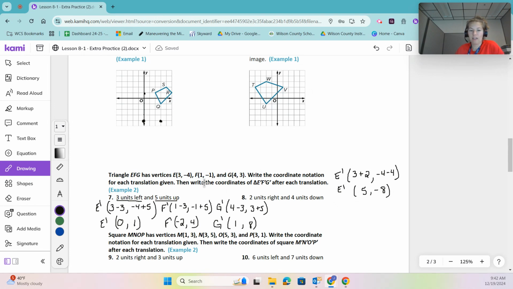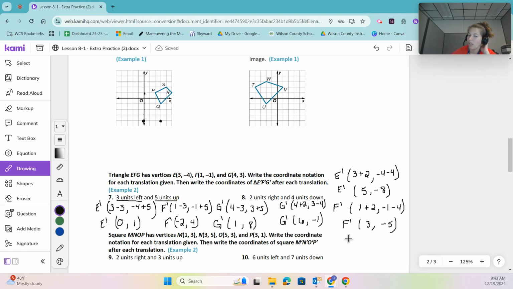Then F prime is 1 plus 2, because we're going 2 units to the right, and -1 minus 4, because we're going down. So F prime becomes 3, -5. And then G prime is 4 plus 2 and 3 minus 4. G prime is 6, -1.